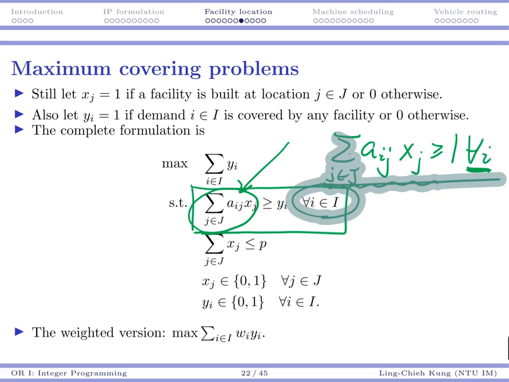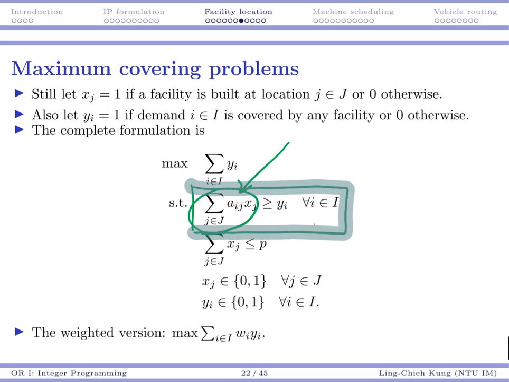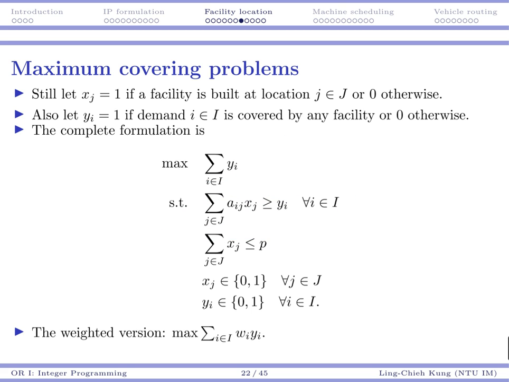But now we don't need to do that, because now we try our best to cover a lot of customers. If you really cover it, you get 1 point. If your left-hand side is greater than or equal to 1, it may be 2, 3, 5, or 1, you are allowed to set your yi to be 1. If your left-hand side unfortunately is 0, then your yi must be 0. With all of these together, you are able to maximize the total number of demands you may cover.